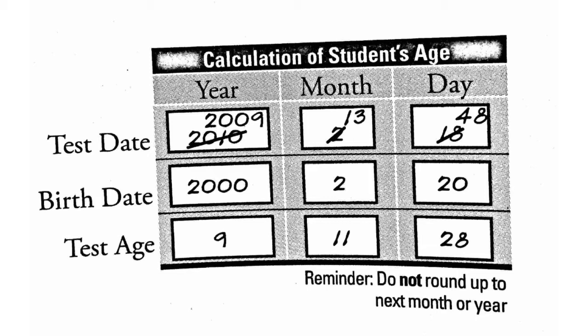Okay, and that level of specificity will then allow you to look up that student's scores in relation to other students their same age who took that test. So you do have to calculate the student's chronological age on the day of the test. You simply do that by recording the test date and subtracting the birth date.